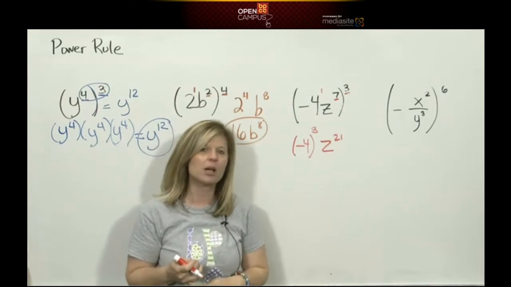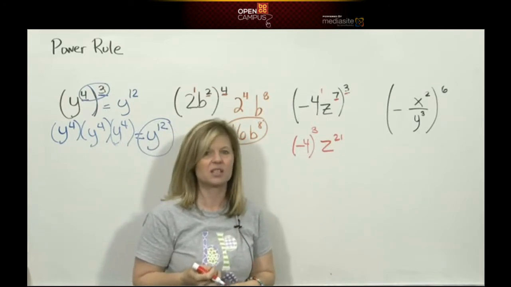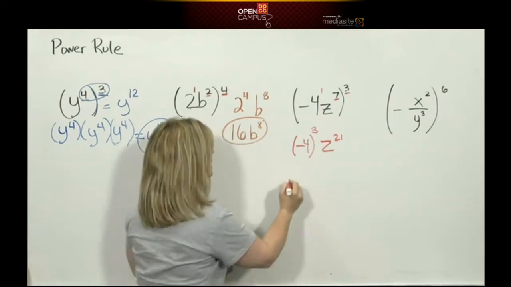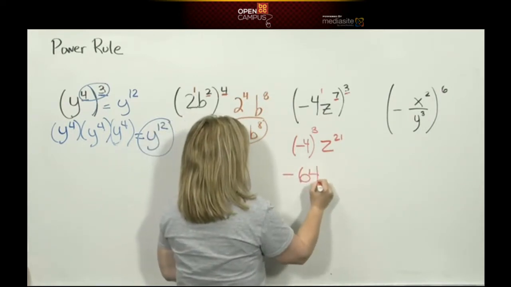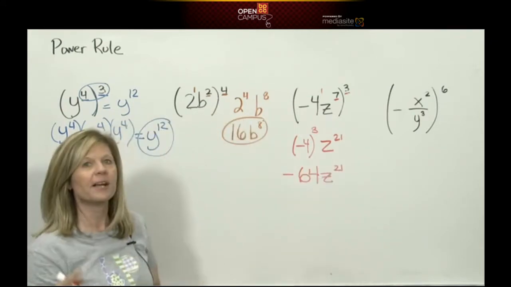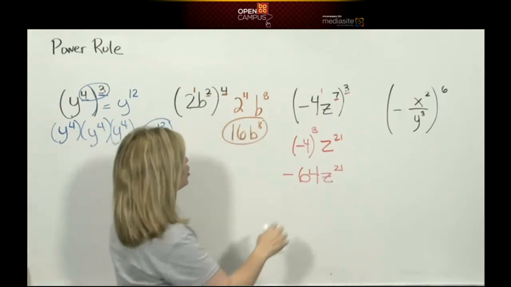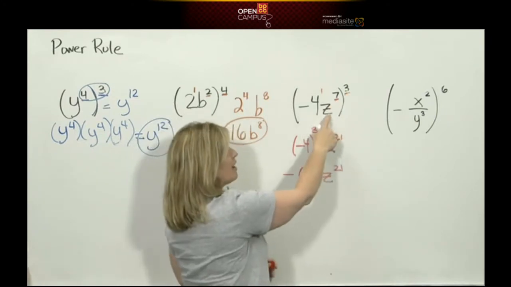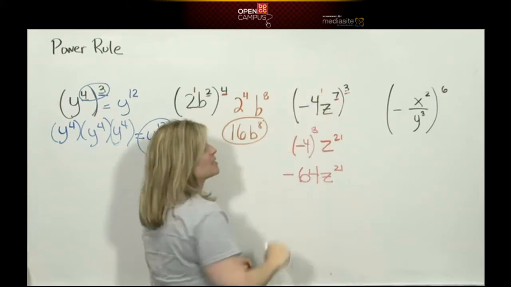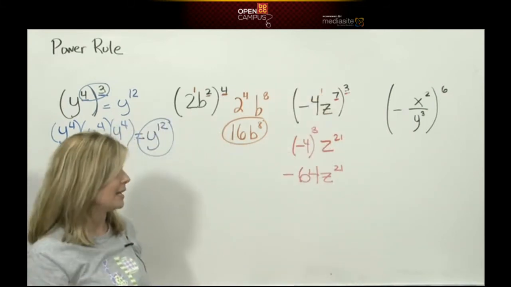Well, negative 4 times negative 4 is positive 16. 16 times another negative 4 would be negative 64. And this would be z to the 21st. So the biggest mistake you all make is you'll do the exponent connected to the variable, but you'll forget the number, the coefficient also has an exponent. And you have to do it.